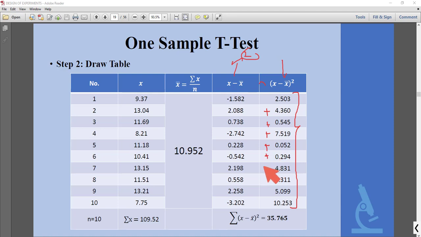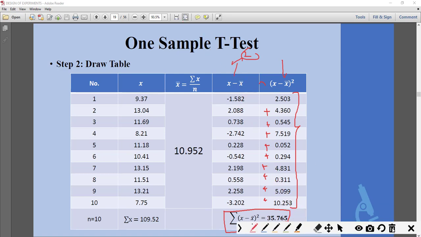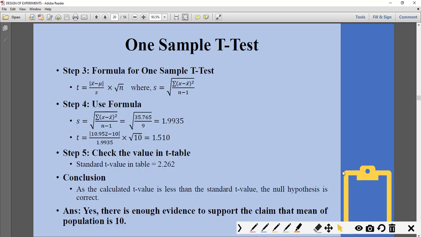After we do the addition of all these values, we get the summation x minus x bar the whole square. We get the summation, which is what? 35.765. Right? Once we get this summation, then we can do the calculations. Once we have the total summation, then we can do the calculation.